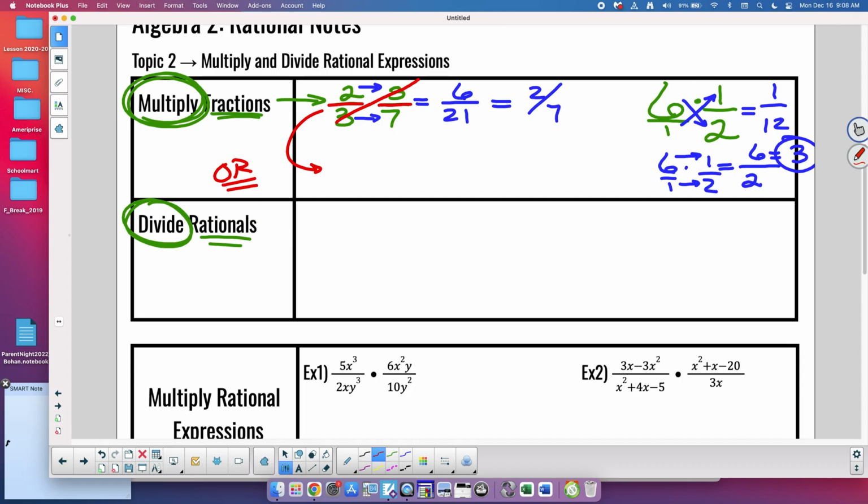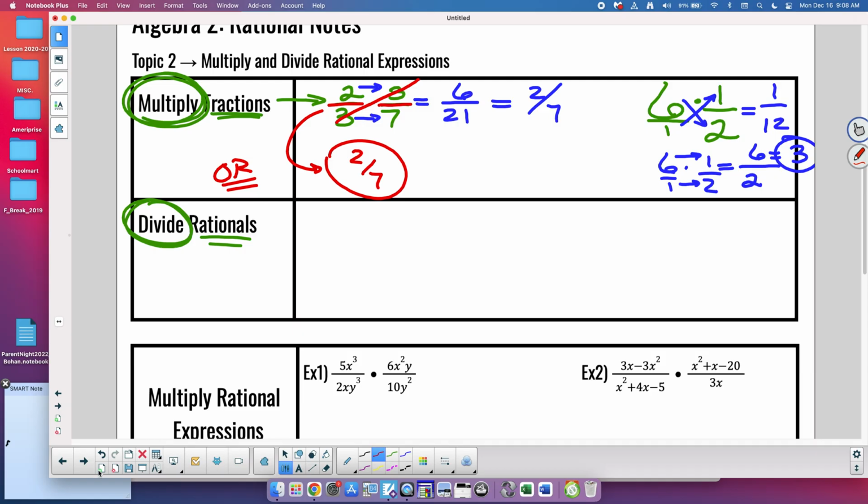So then the answer would be 2 sevenths. Look how quick I got that answer. So my suggestion to you today is, please cancel anything that's the same on top and bottom. Whatever on top, whatever on the bottom, if they're the same, go ahead and cancel.